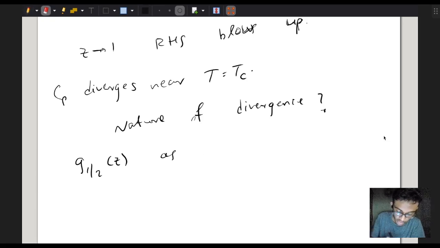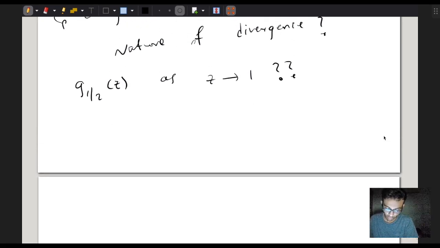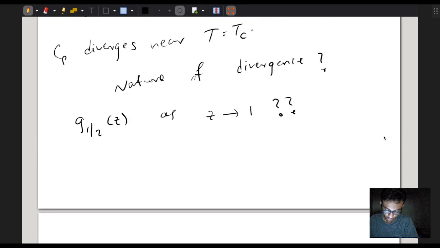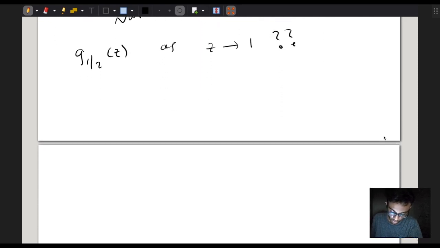Yeah, sure. When you take z to 1, it diverges, but how exactly does it diverge? This is what we want to understand. So let's look at this integral definition of this thing.